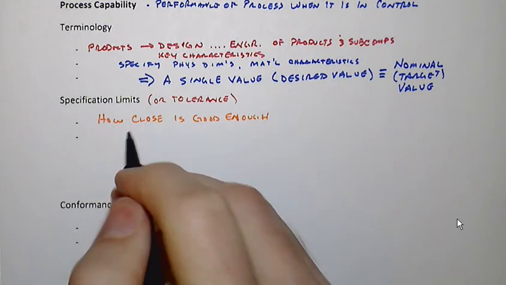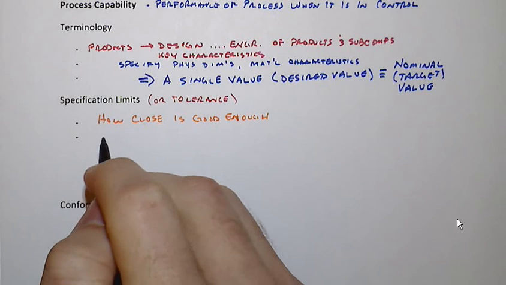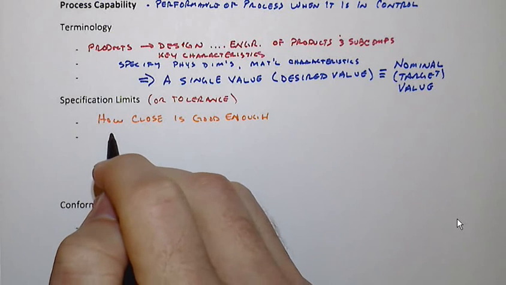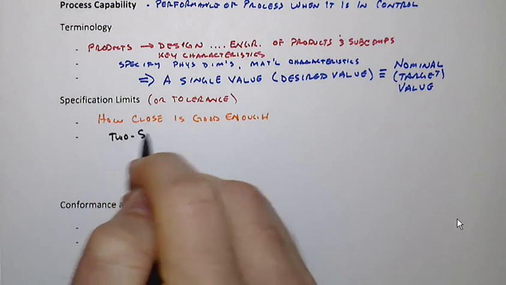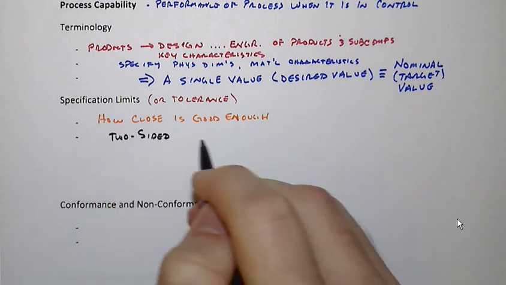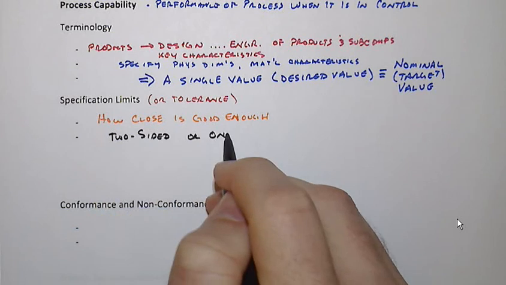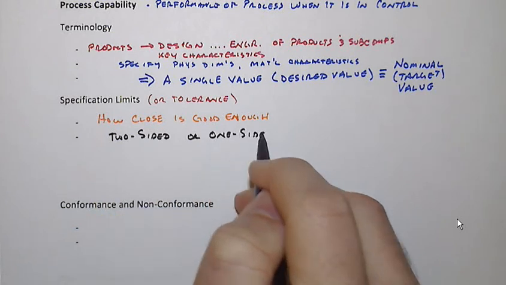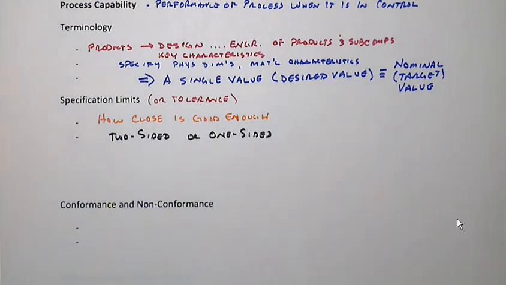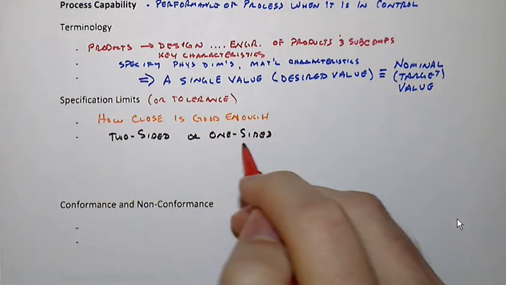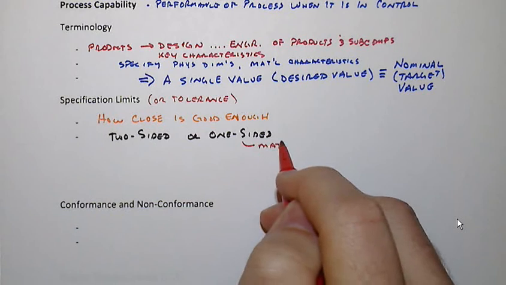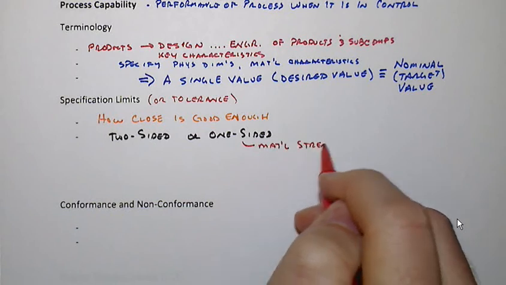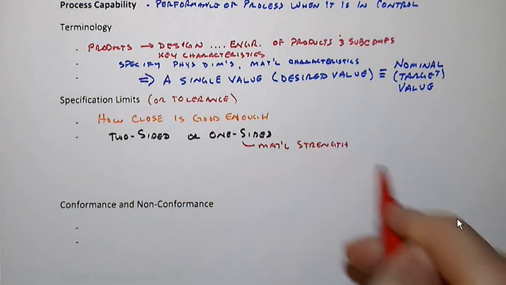Right? And when we say how close is good enough, there's of course 2 different approaches that we could have, and that's a 2-sided approach versus a 1-sided approach, depending on the context that we're looking at. In a 1-sided situation, very often you might have a material strength specification limit that's 1-sided.